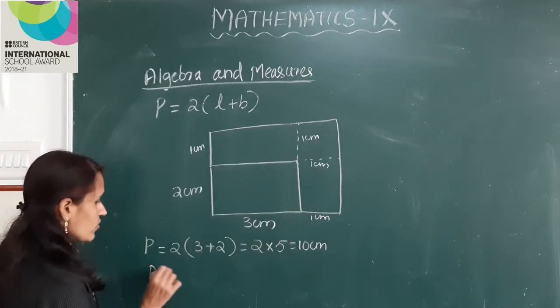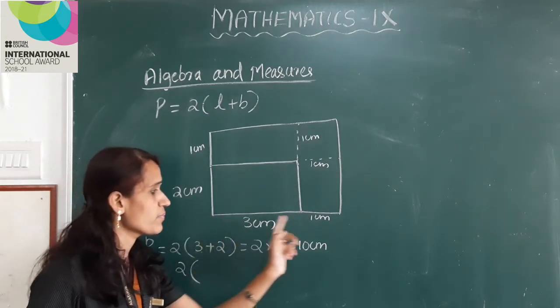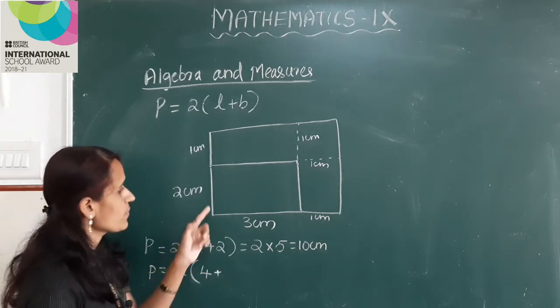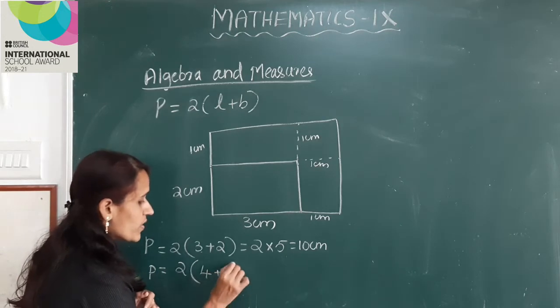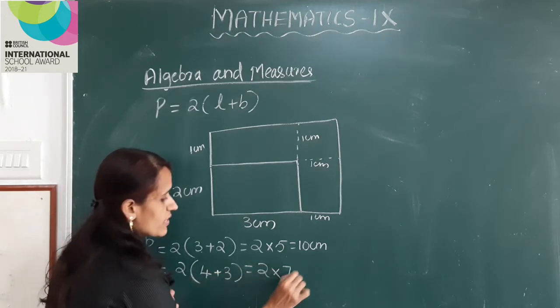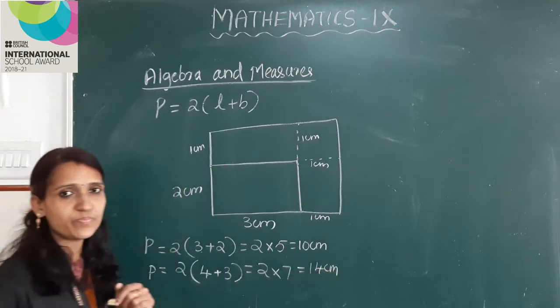Perimeter is equal to 2 into length plus breadth. Here length is 3 plus 1, 4 centimeters. So 4 plus breadth. Breadth is 2 plus 1, 3. 4 plus 3. This is equal to 2 into 4 plus 3, 7. This is equal to 14 centimeter.